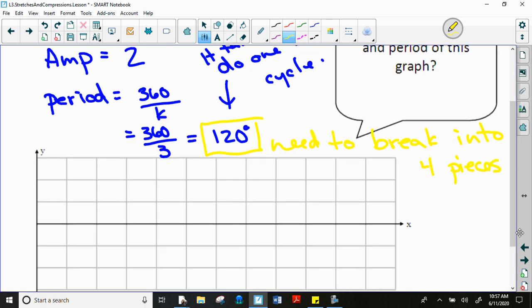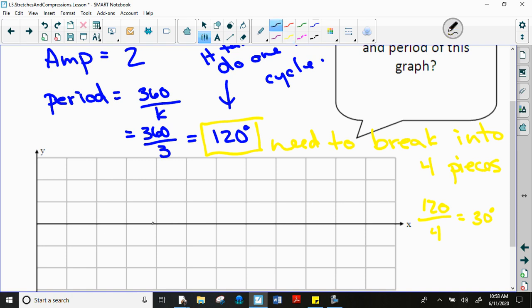This is the most complicated part of graphing trig right now: figuring out how to break up the period, find out how long it takes to do one cycle, and then make sure that your separations and your designations on the graph make themselves nice for the next lesson, which are your phase shifts and your vertical translations up and down. So 120 divided by 4 is 30 degrees.